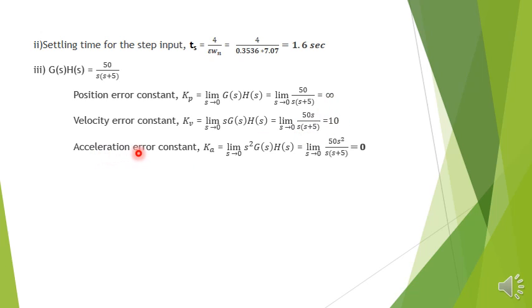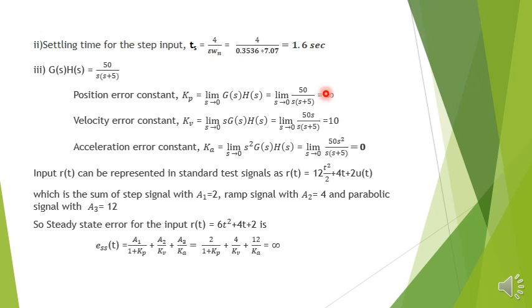Acceleration error constant Ka equal to limit as s tends to 0, s square G(s)H(s). Substituting that, one s gets cancelled, so it remains 0. Now from the concepts also we know, if the system is of type 1, then there exists only a velocity error constant with a constant value, all others are either 0 or infinity.